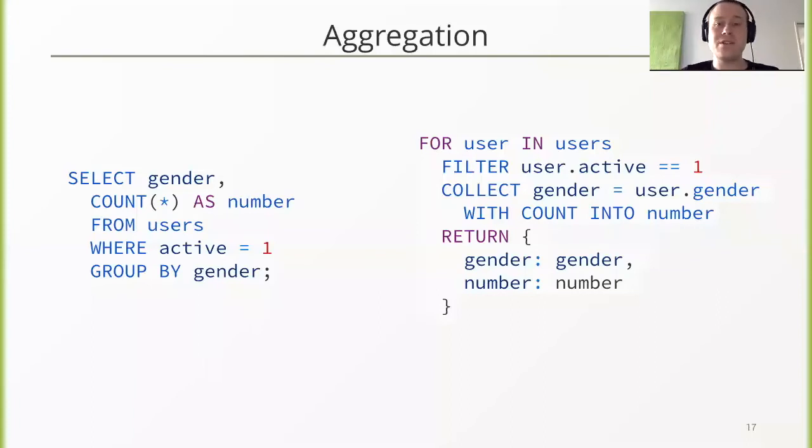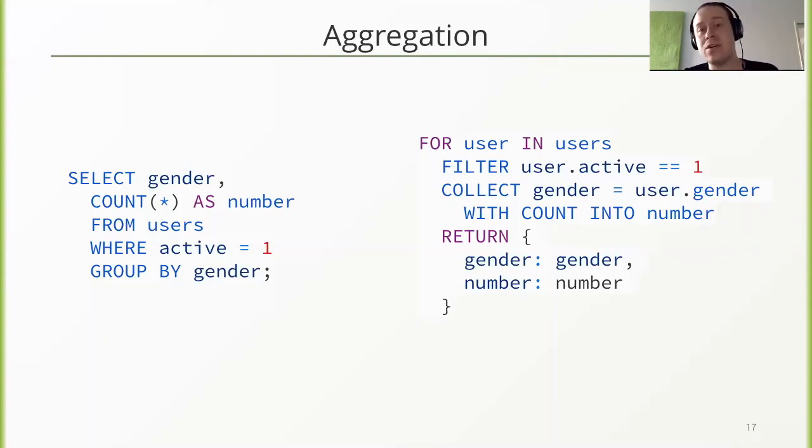Next important thing that you often need is so-called aggregation. So just counting or grouping something together, which looks a bit more complicated in AQL, but it actually is more powerful. We have a very complex documentation about the collect keyword that we have in AQL available. So basically, select gender and count star as number from users, group by gender, could be translated into collect gender is equal to one attribute on the user with count into number.